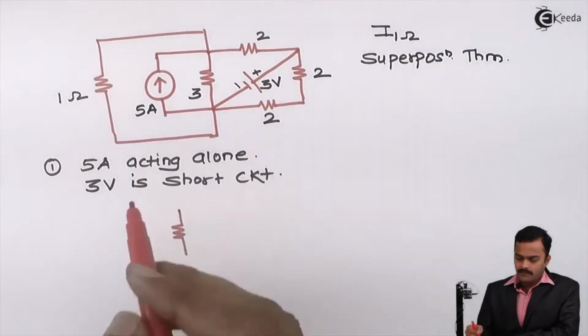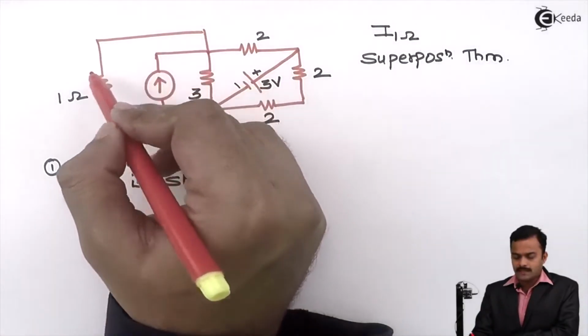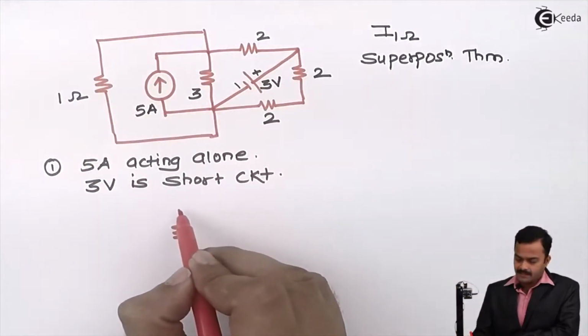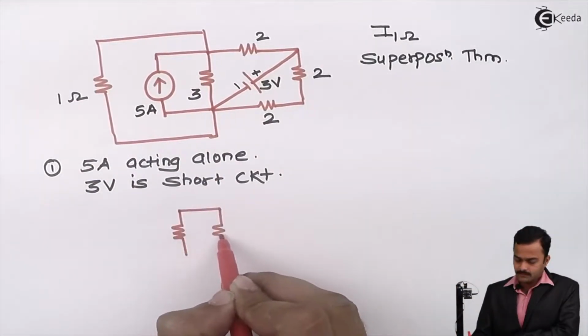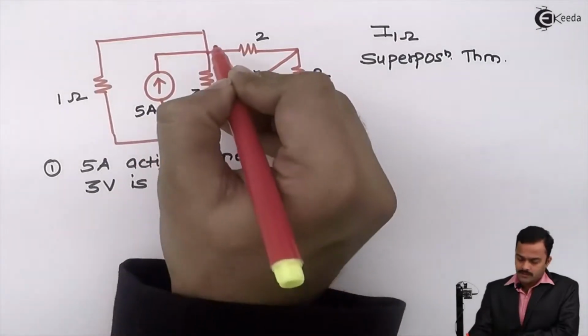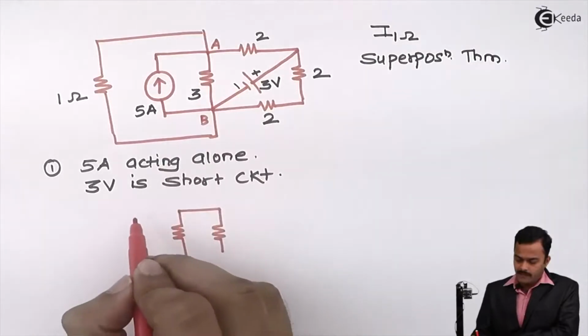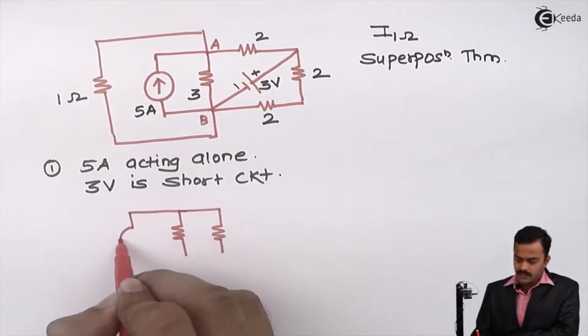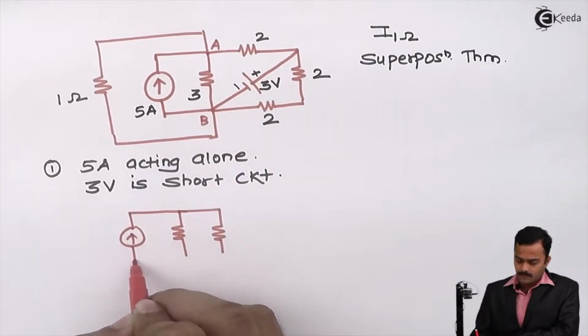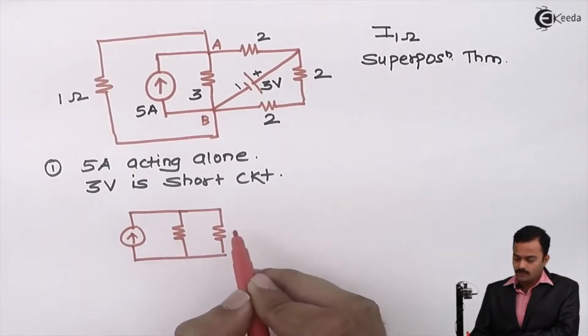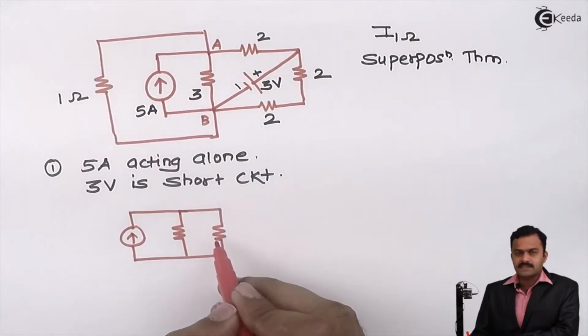Now instead of having a resistance 1 ohm connected like this, I can connect it like this also, because suppose this is point A and B. So between A and B I am having a current source which is acting alone, resistance 3 ohm, 1 ohm, a resistance through which we are supposed to find out a current.